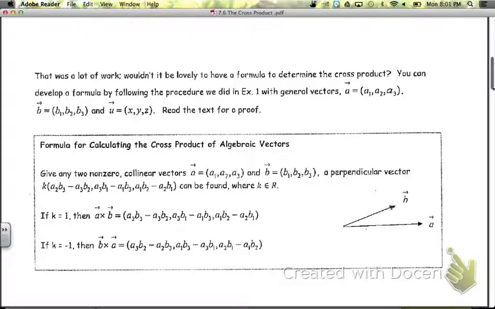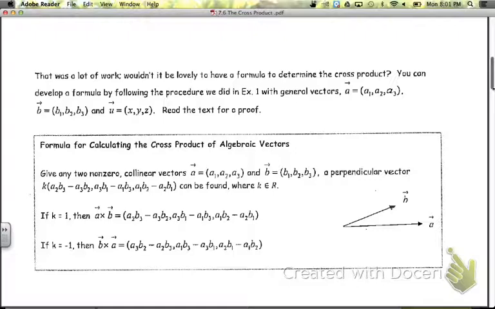However, the formula for calculating the cross product of algebraic vectors is as such. Given any two non-zero, non-collinear vectors A and B, a perpendicular vector K times (A2 B3 minus A3 B2, A3 B1 minus A1 B3, A1 B2 minus A2 B1) can be found, where K is always an element of the real numbers.